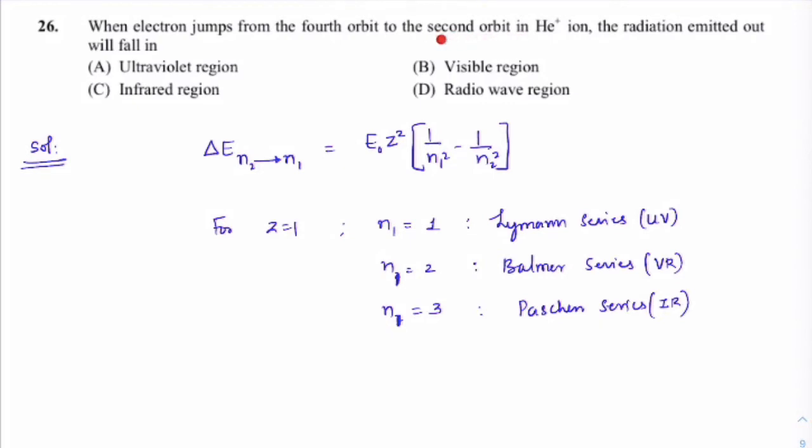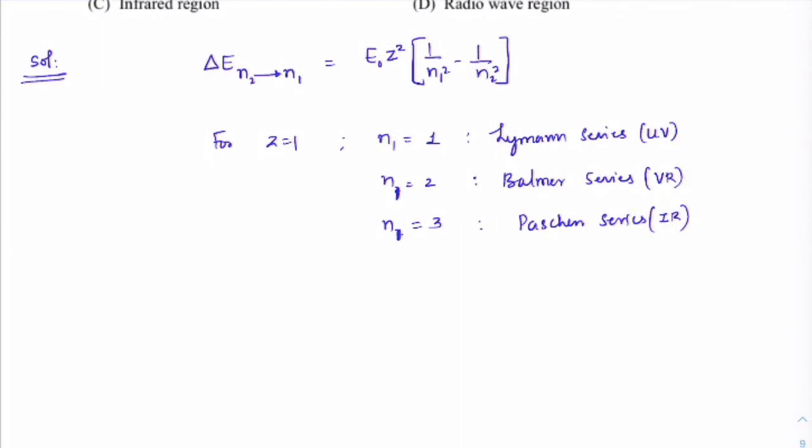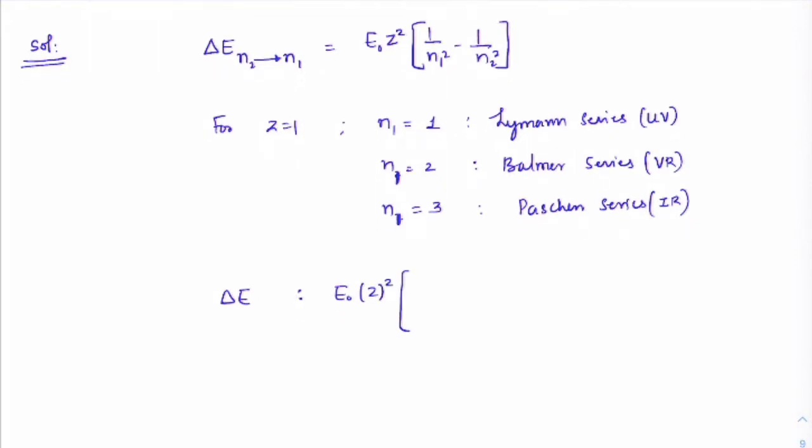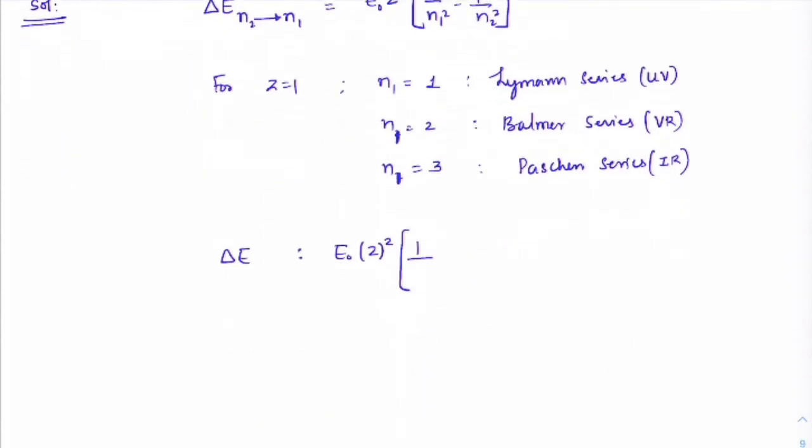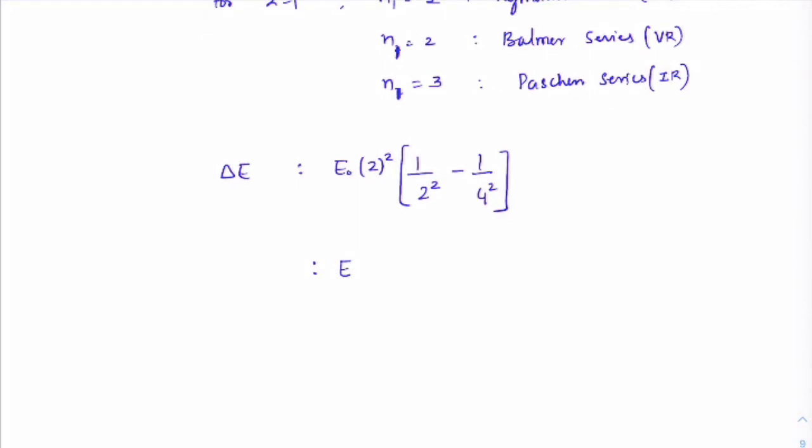Now the question is, if we take the second orbit of the helium plus ion, where does that fall? So now let's see, delta E would be E naught times 2 square, because helium's atomic number is 2, into 1 by 2 square minus 1 by 4 square, since it is coming from the fourth orbit to the second orbit. Now this is quite equivalent to the energy of the hydrogen atom.